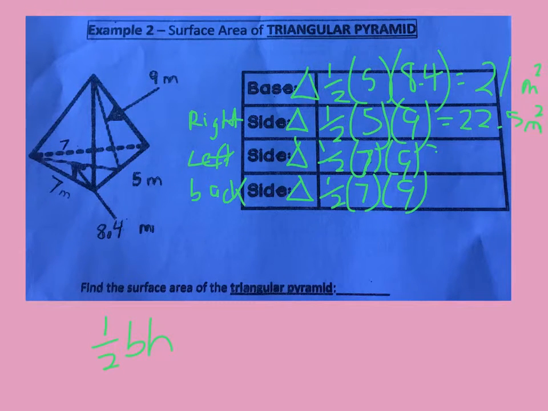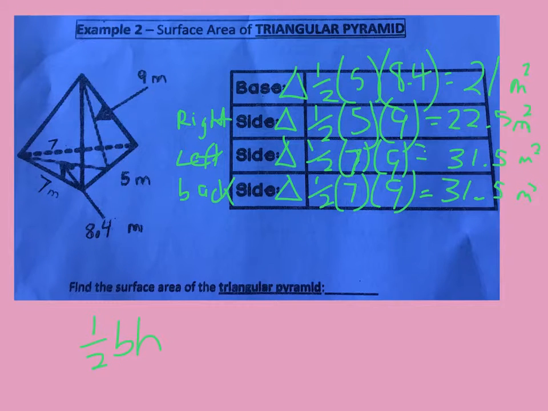All right, let's do our calculations. Go ahead and do 1/2 times 7 times 9. Hopefully you got the same thing I did. 1/2 times 7 times 9 is 31.5 meters squared, and 31.5 meters squared.